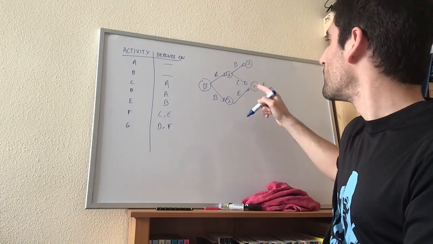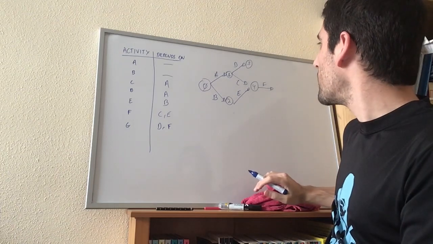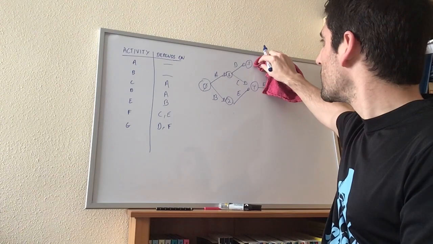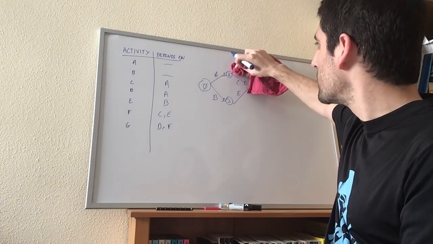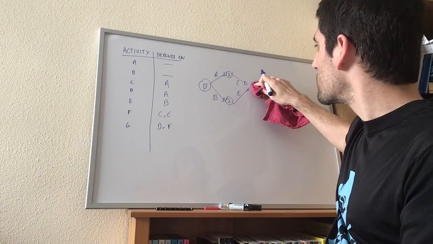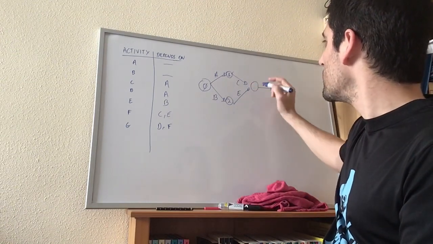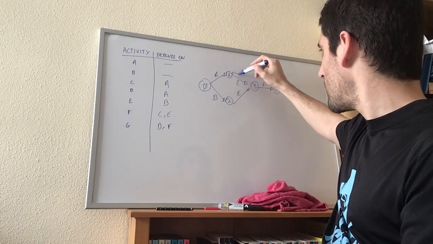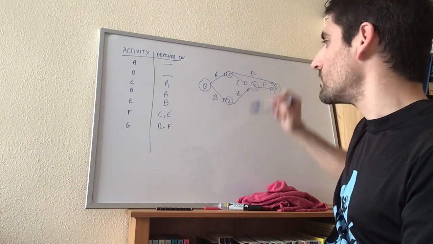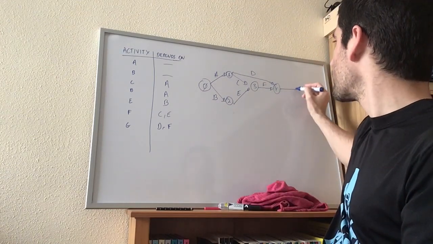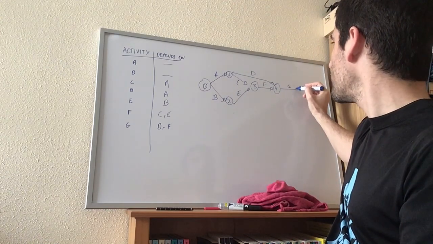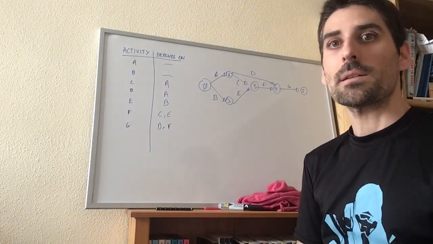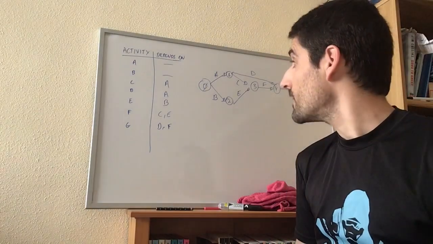So I'm going to have to tweak my diagram a little bit here, so let's change that around, which means that's going to have to change around. So this is going to be a 3, that's going to be a 4, activity D is going to go there, and then finally activity G comes out here and it leads into 5, which is the sync node, which is the last node. So that is it, basically.